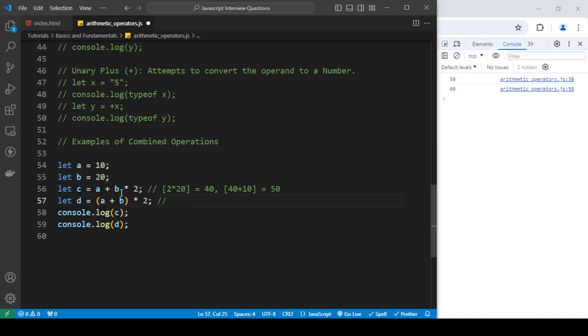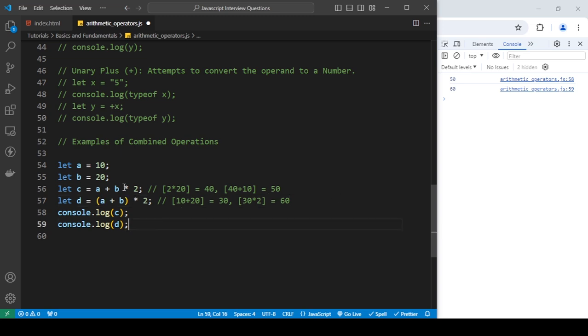So what's happening here is actually a plus b. So it's 10 plus 20, which is 30. And then 30 multiplied by 2, which is 60. So that's what's happening with this one.